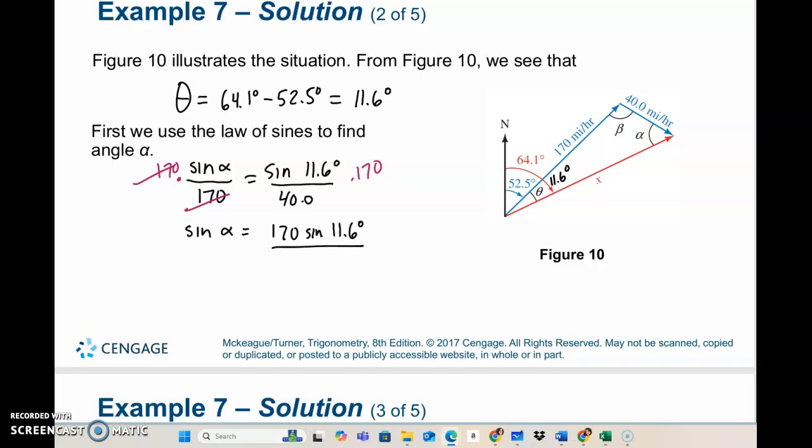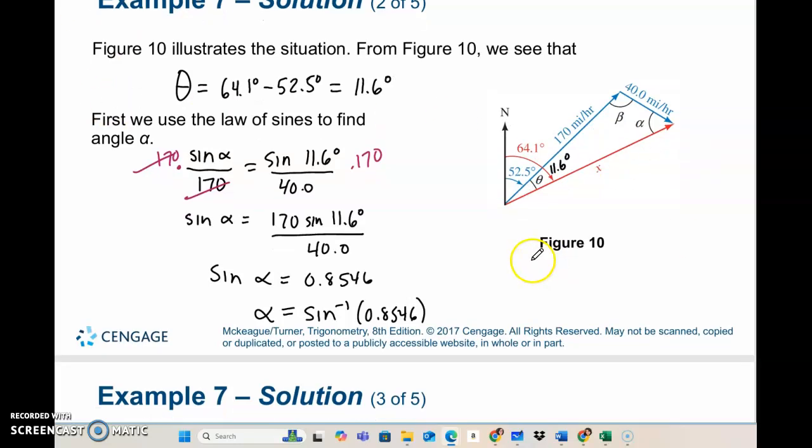I put this in my calculator, and I end up with the sine of alpha equal to 0.8546. To find alpha, do the inverse sine. So you take the inverse sine of 0.8546 and we'll come up with the value of alpha.